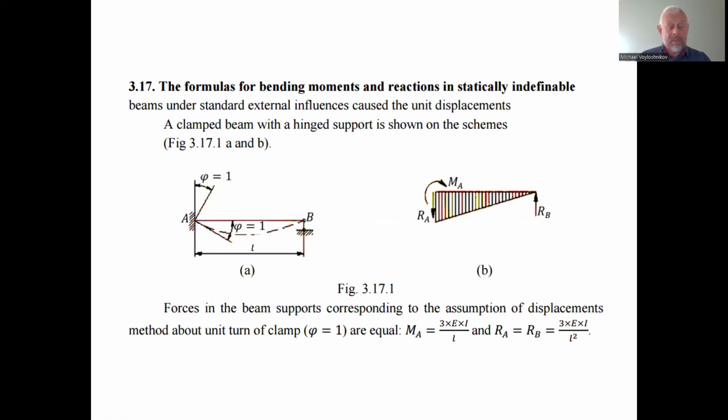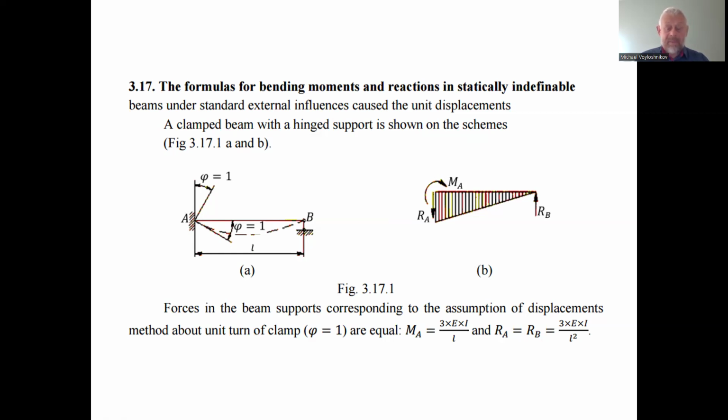This is a sample, a single span two supports beam within the main system, after separating the assigned system into the main system of the displacement method by the introduction of the extra supports in accordance with the kinematic indefinability of the assigned system.